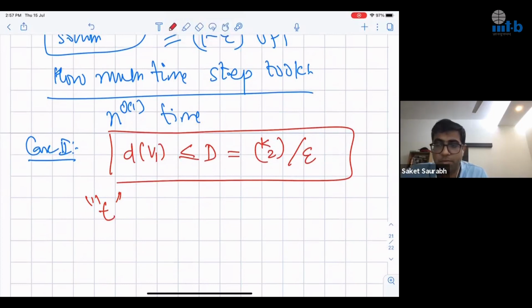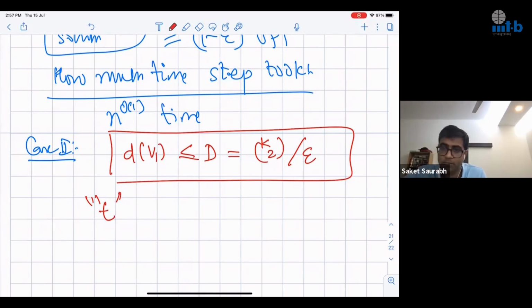Like, what can I say, that if T is more than this, then say no. You can never cover with k vertices more than this many edges. Can you provide an upper bound? We know the degree of the top vertex is bounded by k choose 2 by epsilon. If this is the case, it means the graph has maximum degree bounded by D. How many edges can you cover with k vertices?